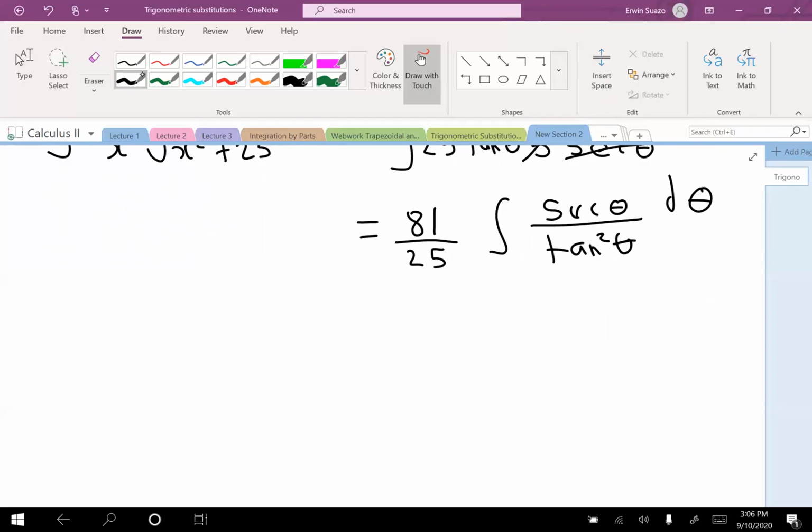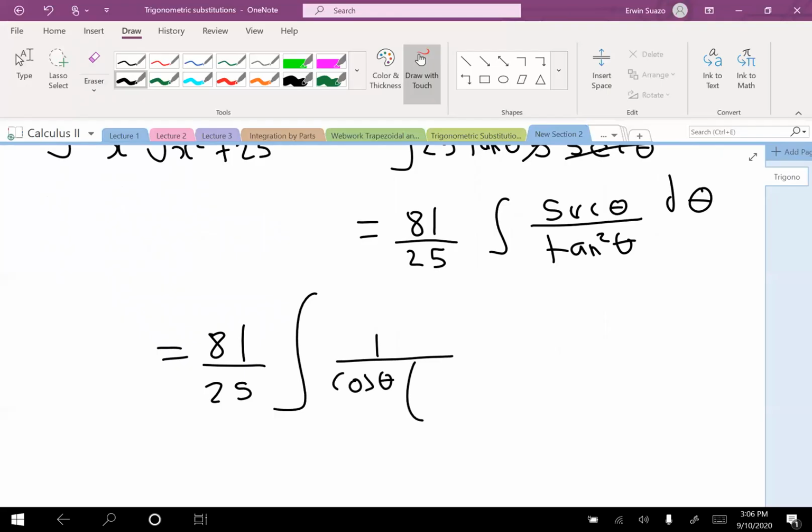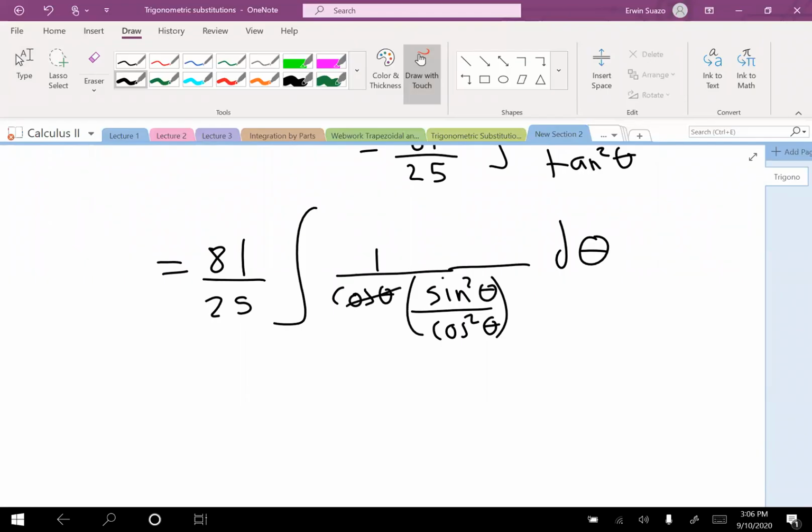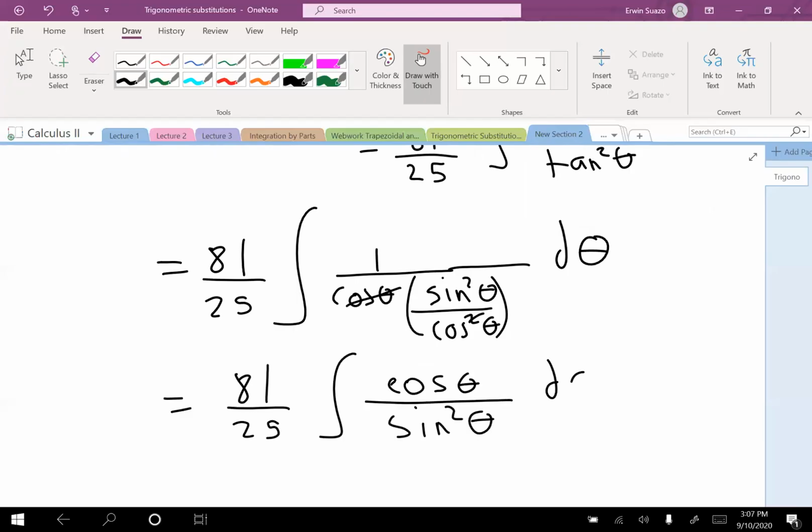You have 81 over 25, and secant is 1 over cosine. And tangent is sine squared of theta over cosine squared of theta, d theta, right? So you cancel this cosine with this cosine, and you get 81 over 25 times the integral of cosine of theta over sine squared of theta d theta.